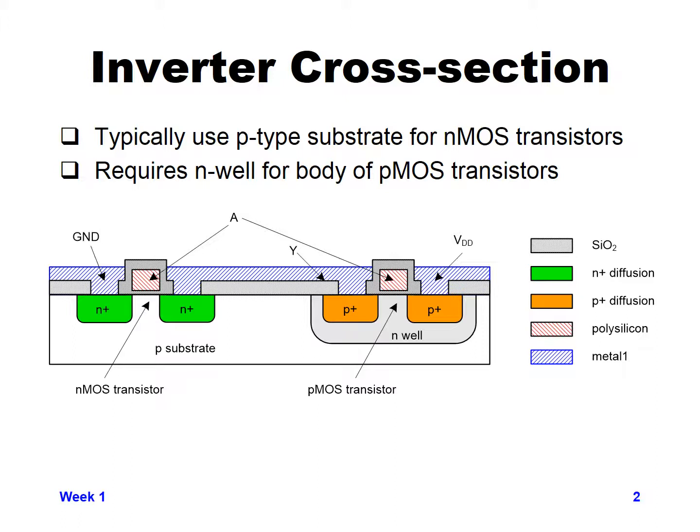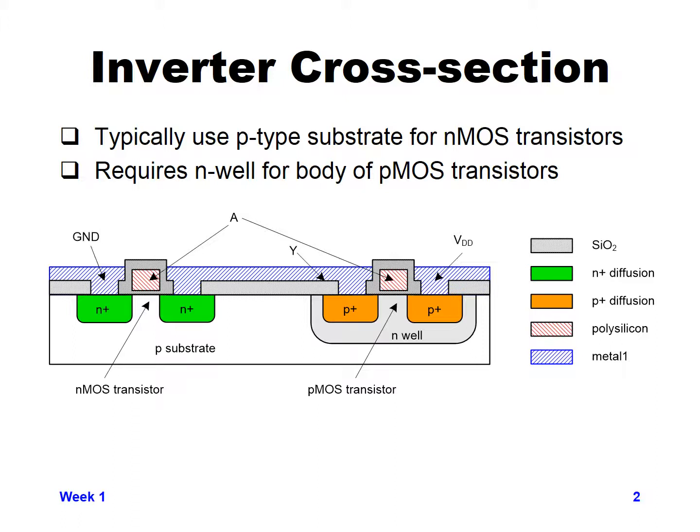If we're creating an inverter here, we want to connect the P drain of the PMOS transistor through metal to the NMOS transistor, but we don't want that metal shorting to anything else, like the substrate, for example. So we'll have to deposit some silicon dioxide insulator and then deposit the metal on top of that.